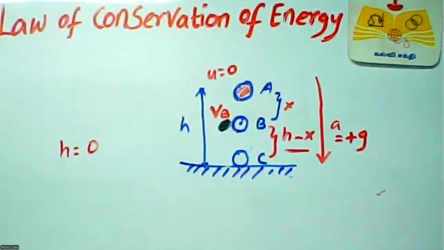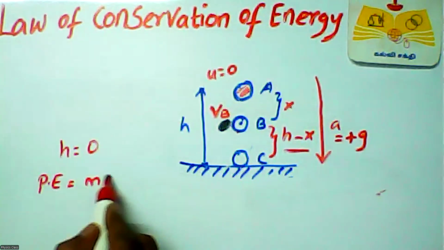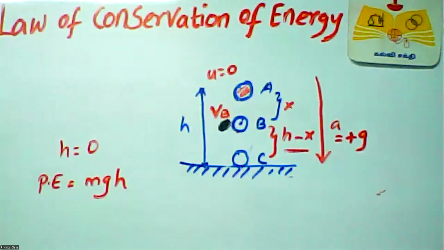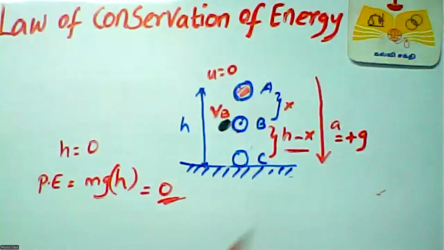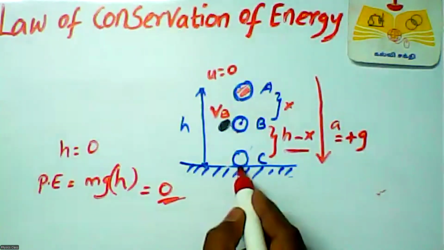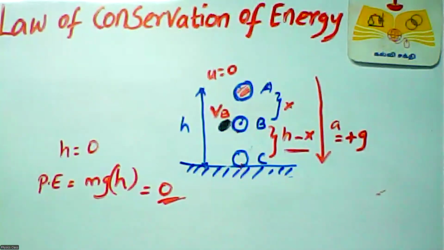H is equal to 0. Potential energy is mgh, but height is 0. So there is no potential energy because there is no height here. So the ball has no potential energy. The potential energy is 0.